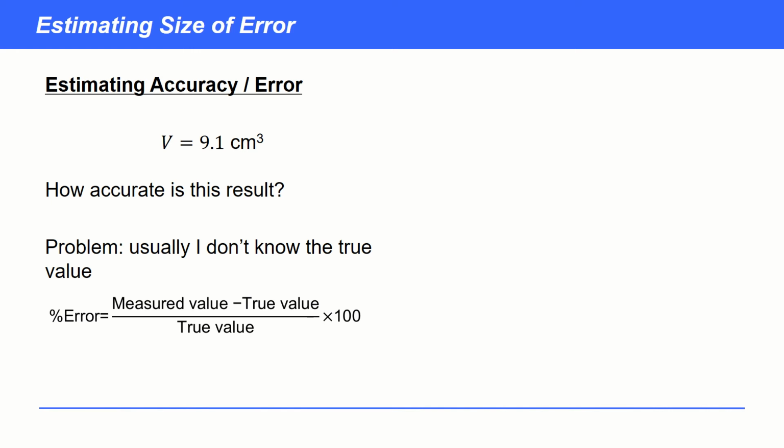But the problem is that in order to work out the error, we need to know the true value. So we introduced in the previous video this formula for working out the percentage error, and it required us to know what the value actually was. The problem is usually I don't know what the true value actually is, and so I can't use that formula.